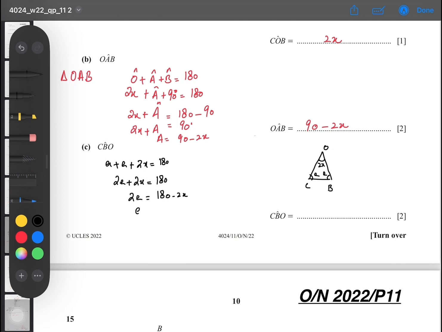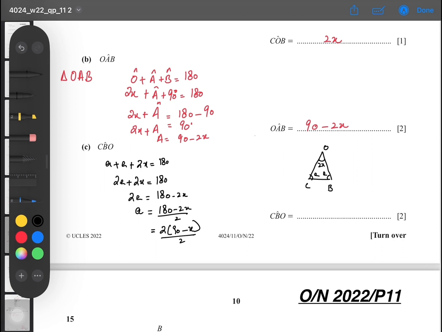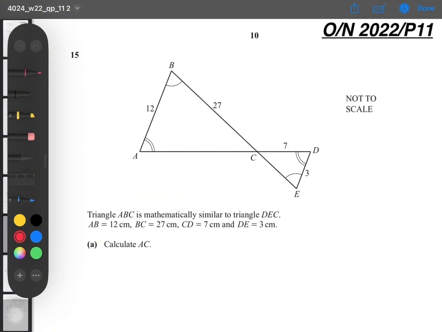To find the value of angle A, it will be 180 minus 2x over 2. So it will be 2 times 90 minus x over 2. 2 will cancel out and the angle will be 90 minus x.